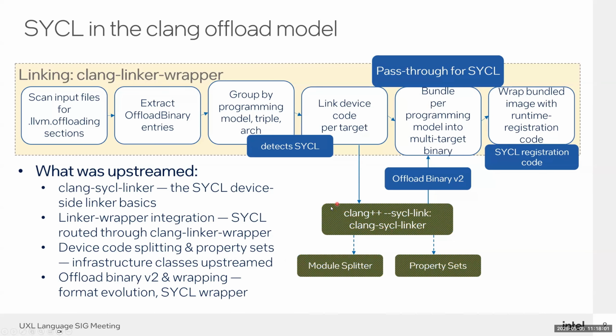That's why the color of these 3 blocks is a bit different, because this work is not yet complete. It's in progress. And also we implemented this offload binary version 2 format and wrapping of it for SYCL runtime.